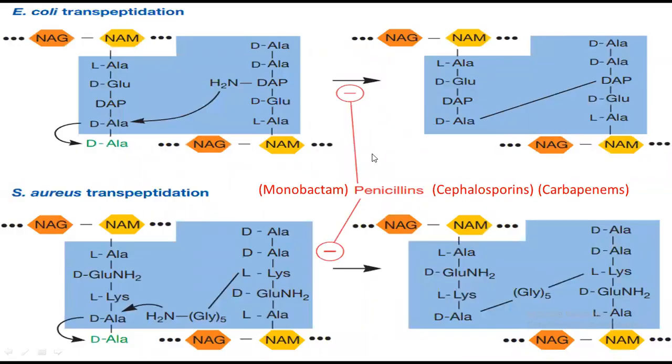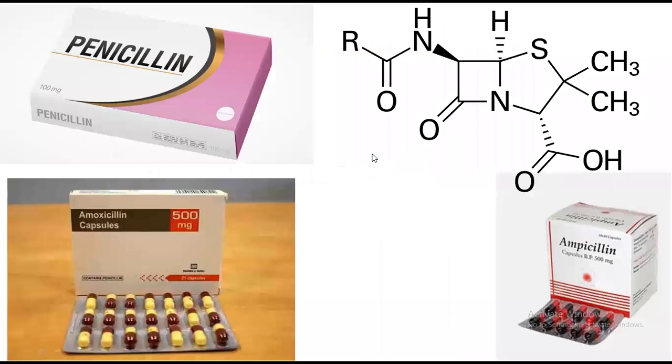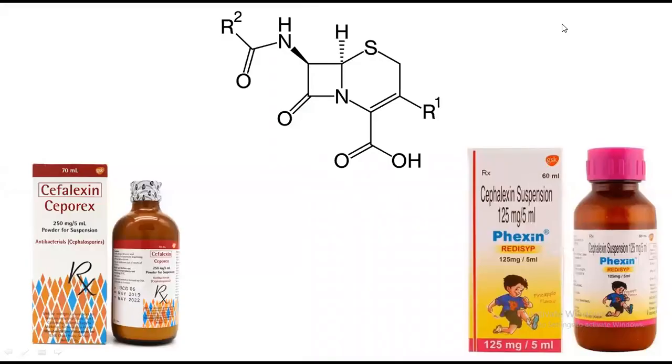And if I want to show you, this is the penicillin. It consists of this beta-lactam ring, and these all are the side chains. So it also acts as a transpeptidase inhibitor. These are the cephalosporins, so it also has a beta-lactam ring.